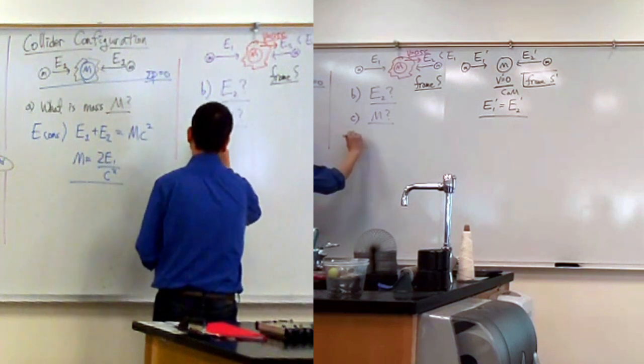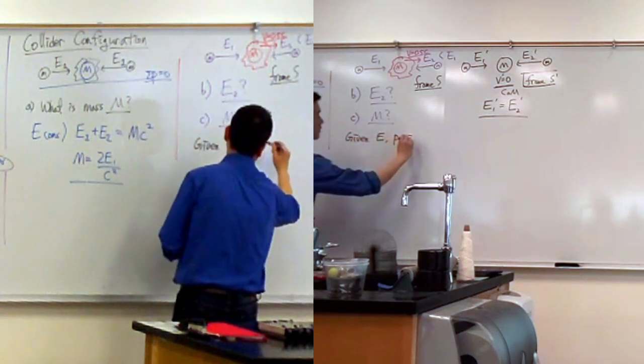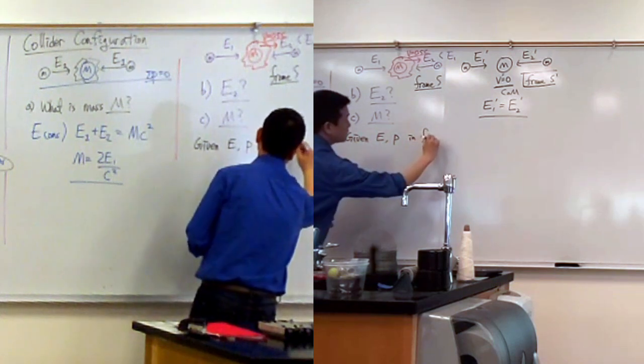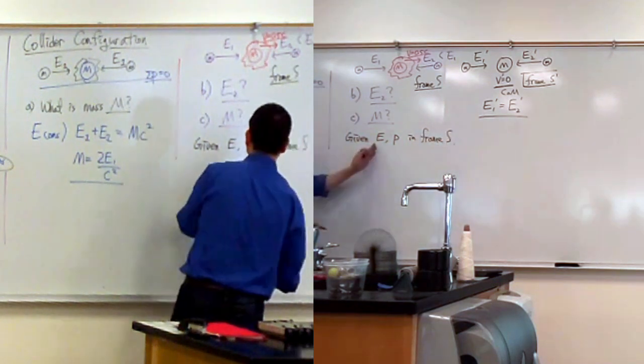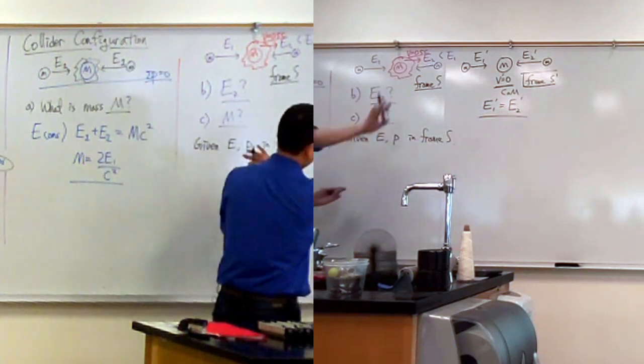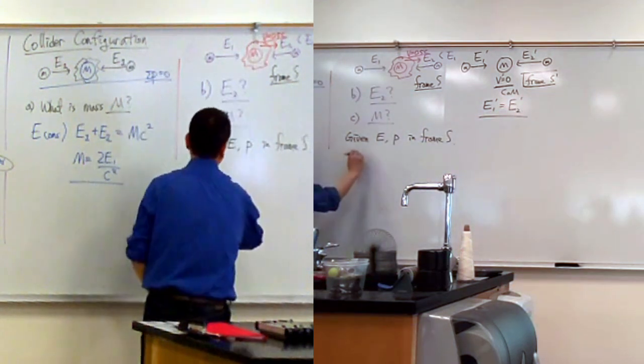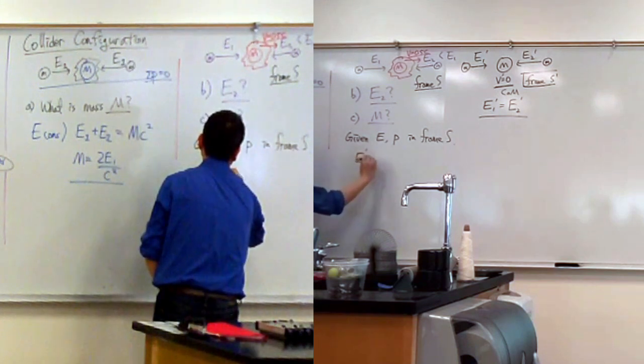Given the energy and momentum in frame S, the energy and momentum in the primed frame that's moving to the right at some velocity v is given by this.